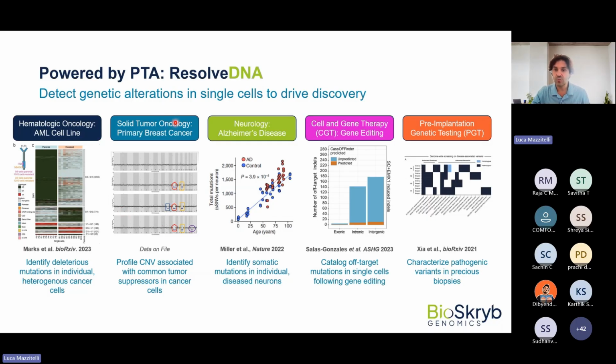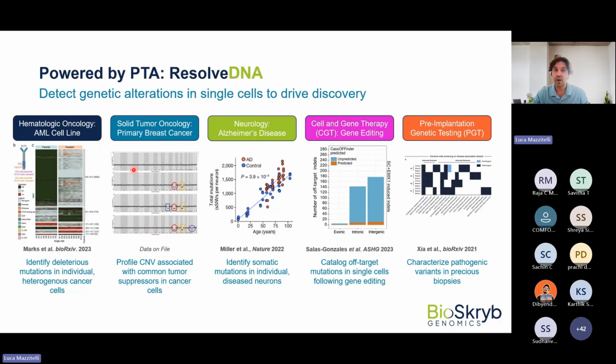Or in solid tumor oncology. In this case, in primary breast cancer samples, we were able to identify losses in the chromosomal regions associated with common tumor suppressors. What I want to highlight here is that you are seeing profiles, each profile coming from a single cell.